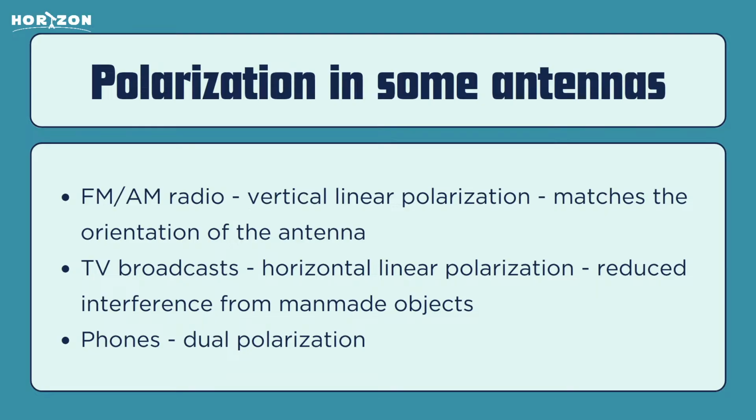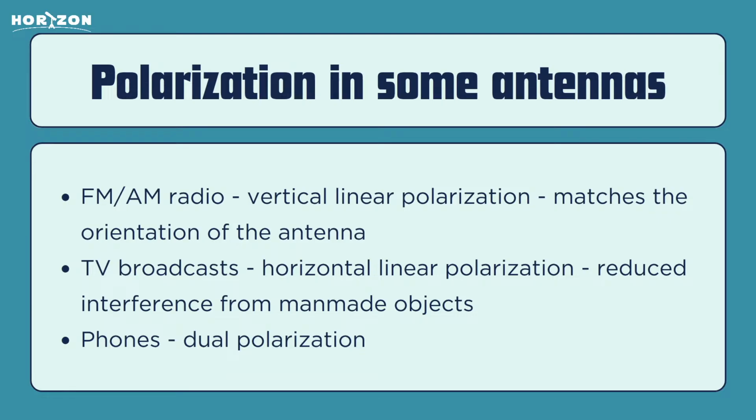Let's take a look at polarization in some antennas that we often encounter. In FM and AM radio, the polarization used is vertical linear, which matches the orientation of the car's antenna.